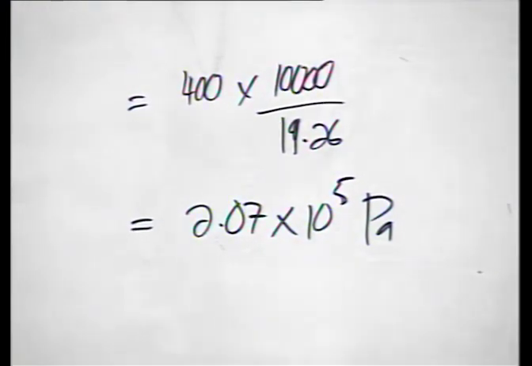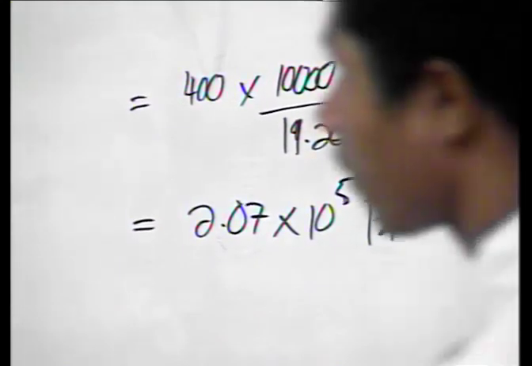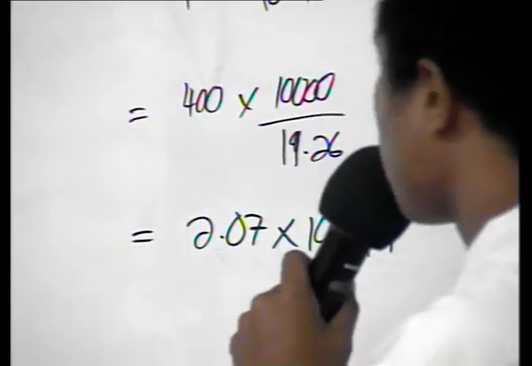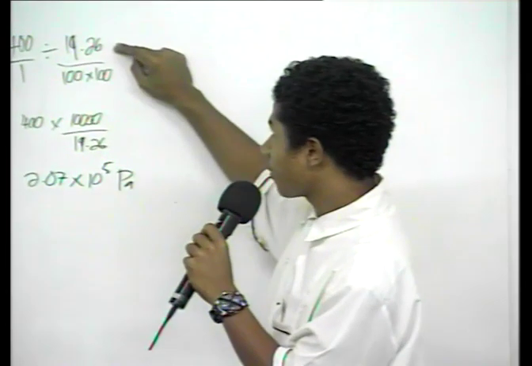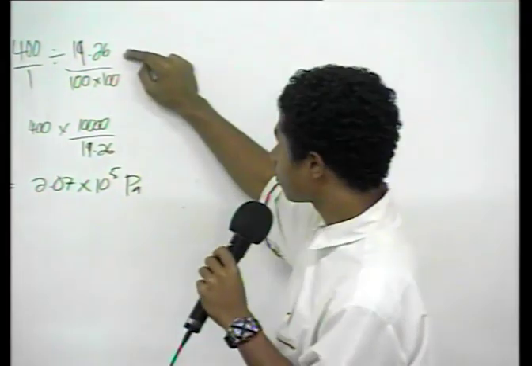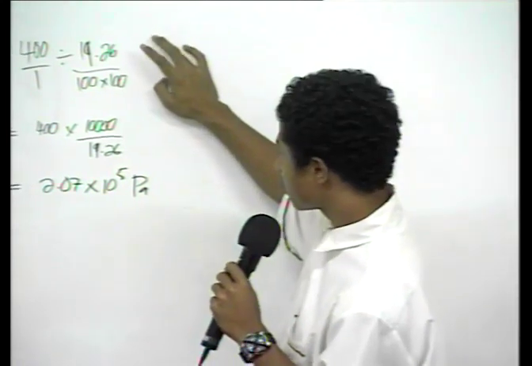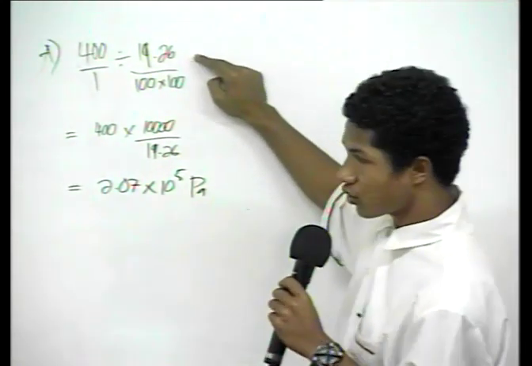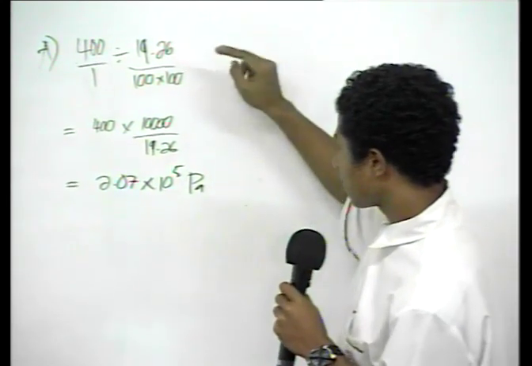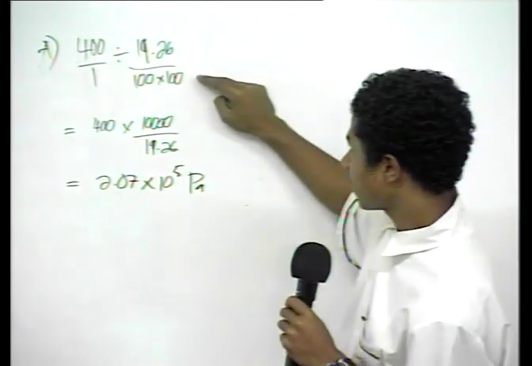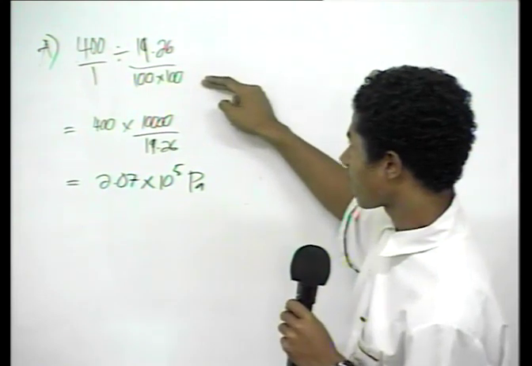Okay, you get ready. Firstly, I worked out the area for the rope, which is 19.26. Because it is in centimeters, I converted that to meters by dividing by 100 times 100.